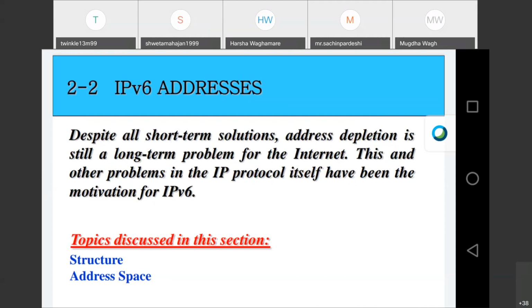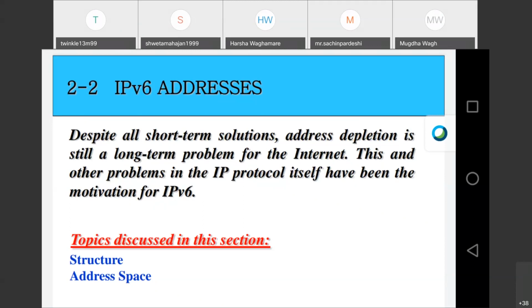In IPv4 addressing, the problem is address depreciation. Depreciation means a number of addresses were wasted. Even with classful addressing, there is an address wastage problem. Similarly, in classless addressing, there is an address wastage problem.